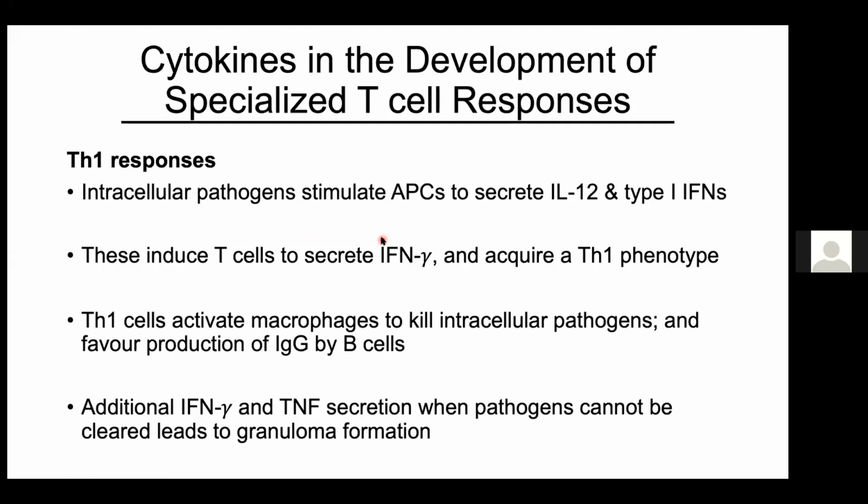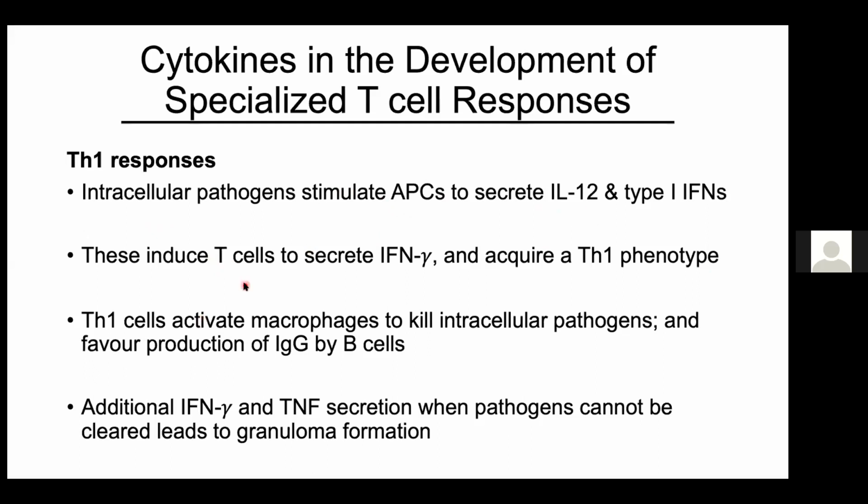I've talked about the polarizing cytokines. So these would be the ones that are involved in specialized T cell responses, the T helper 1, T helper 2, and T helper 17. And I mentioned that the T helper 1 responses are important in an adaptive immune response against intracellular pathogens. So the cytokines involved here are interleukin-12 and the type 1 interferon. So the macrophages or the antigen presenting cells, as they're presenting the antigen to the T cells, they secrete interleukin-12.